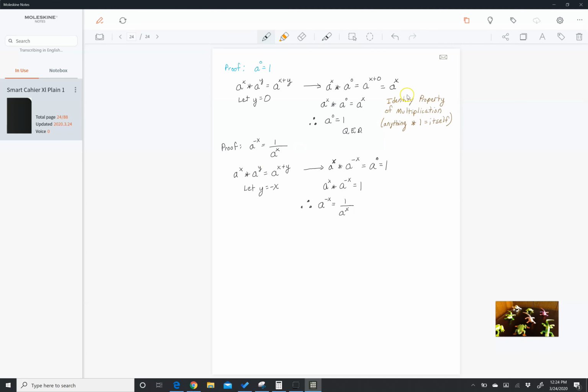And we used the identity property of multiplication up here. We are going to use the inverse property of multiplication down here. What the inverse property says is anytime you multiply something by its reciprocal, it's equal to 1. So this is the inverse property of multiplication.